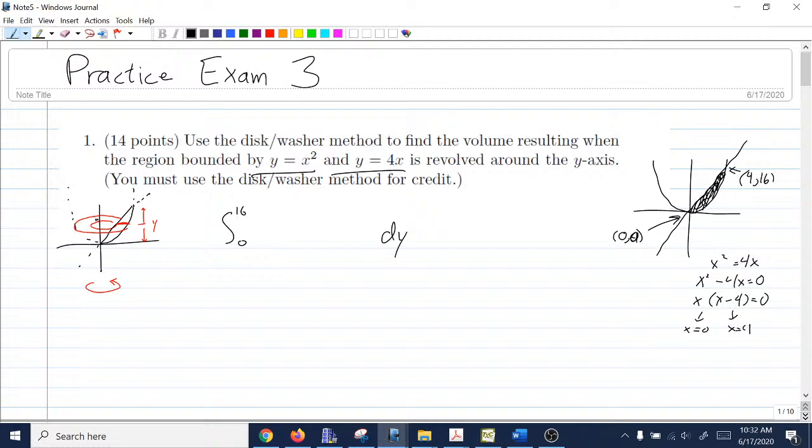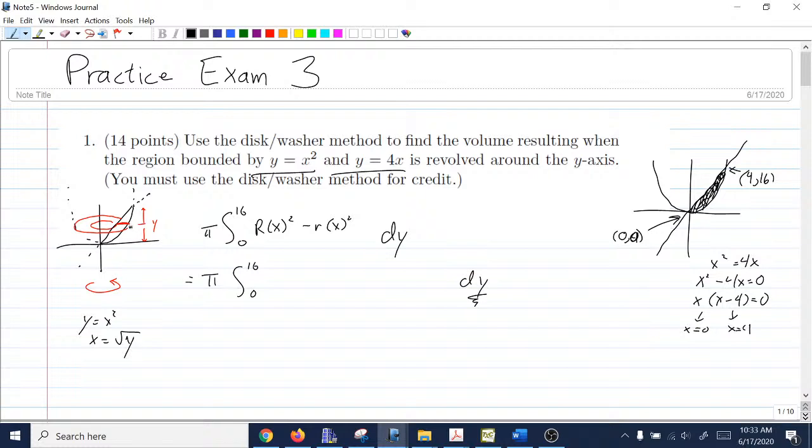This shape is a washer, not a disk, so my formula is going to be pi big radius squared minus little radius squared. How do I find those radii? They should be functions of y, because I'm expecting to end up with an integral with respect to y. One of them is y equals x squared. That's x equals root y.